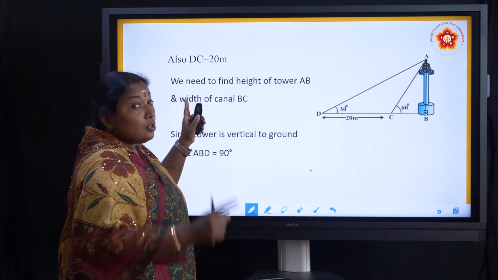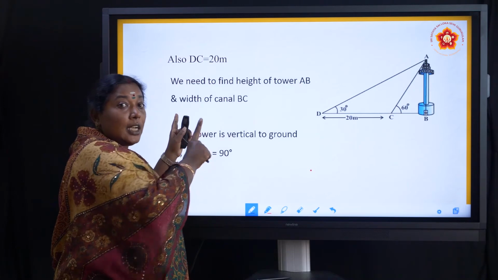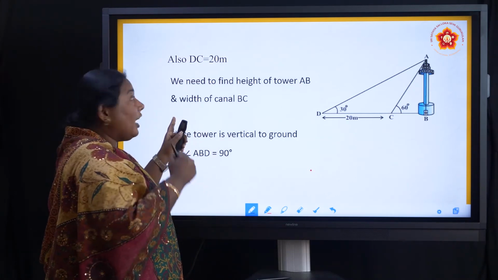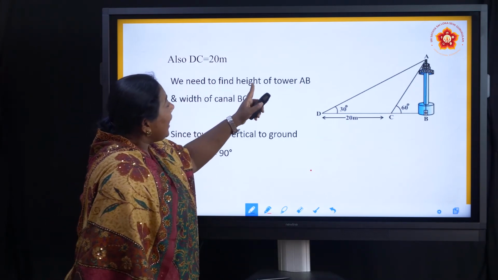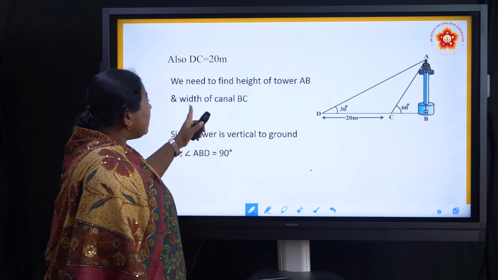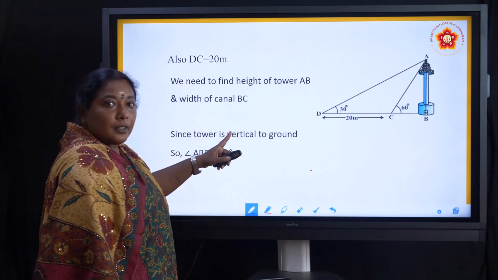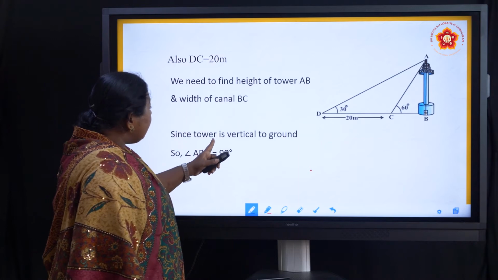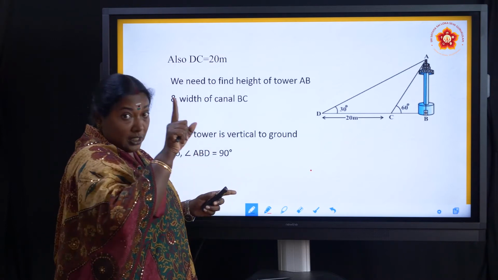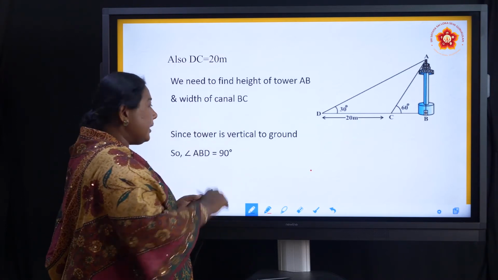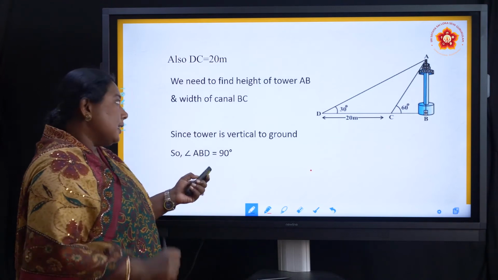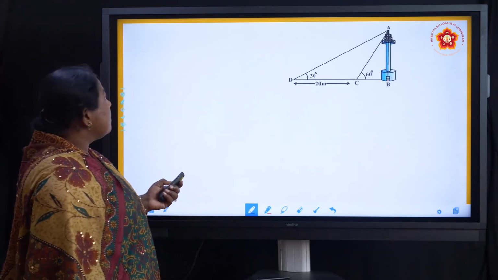We have written what is given. Now we are going to write what we have to find. We need to find the height of the tower AB and the width of the canal BC. Since the tower is vertical, it is a 90 degree angle. That is why we are going to apply the trigonometric values.